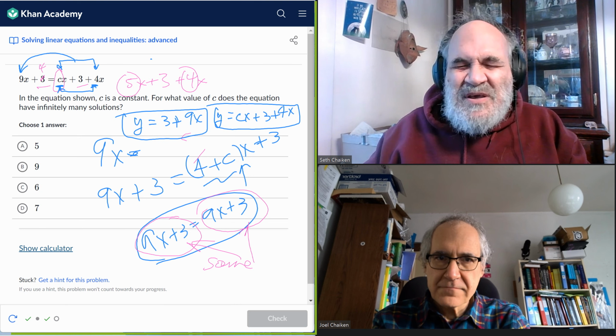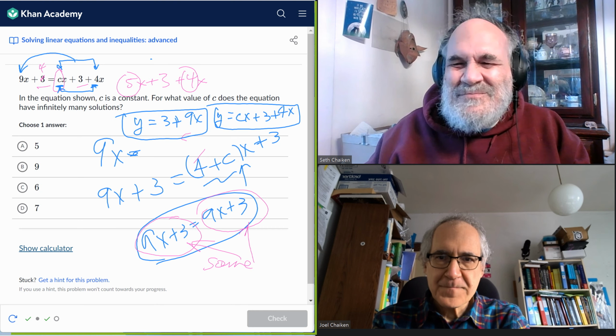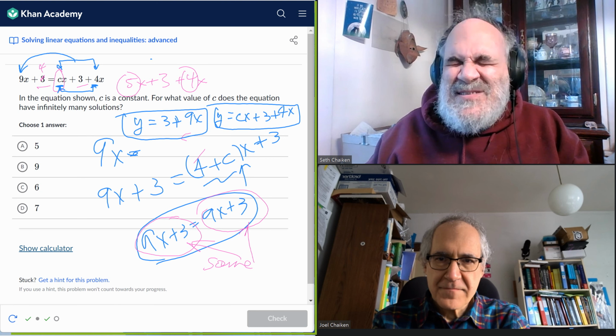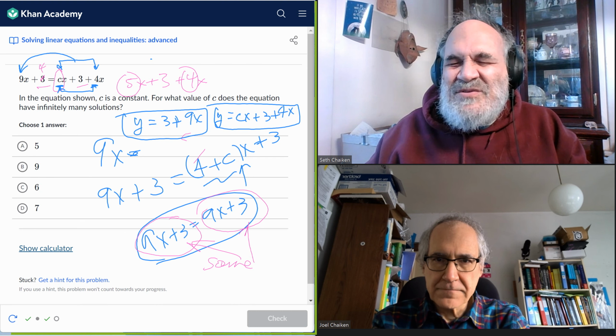That property is that the equation is an identity. An identity is a kind of equation where whatever value is plugged in for the variables on the left, if the same value is plugged into the variables on the right, then the two sides are always equal.